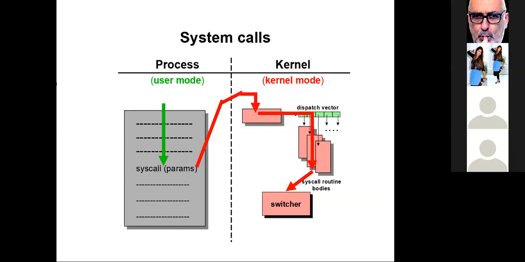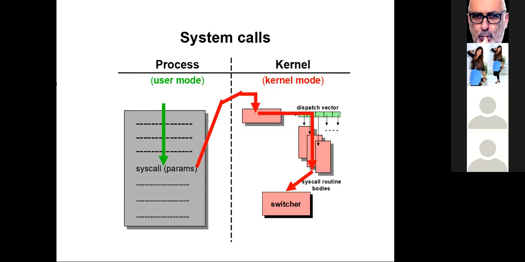So the dispatch vector is the internal mechanism to distinguish and to run the proper routine body. That is an old term, old terminology. The interrupt routine is a function inside the kernel connected to the interrupt and is carried out.